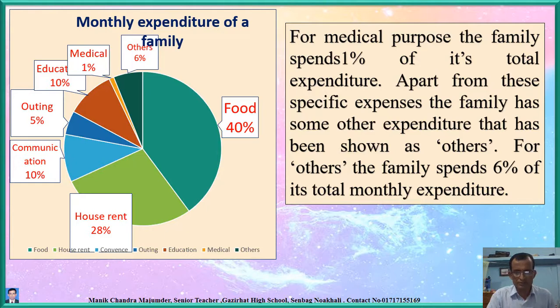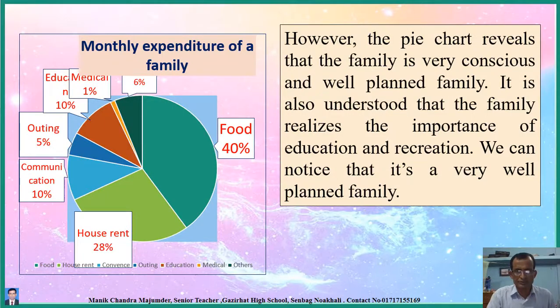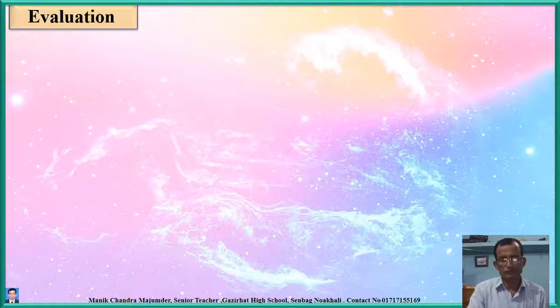For others, the family expends 6% of its total monthly expenditure. However, the pie chart reveals the family is very conscious and well-planned. These are concluding sentences. It is also understood that the family realizes the importance of education and recreation. We can notice that it is a well-planned family.